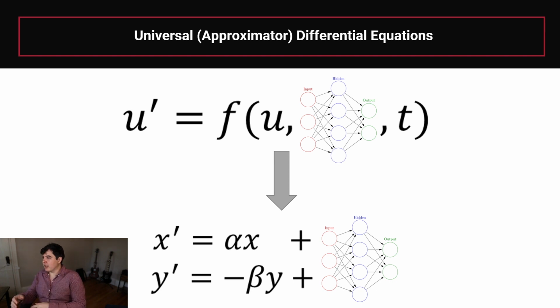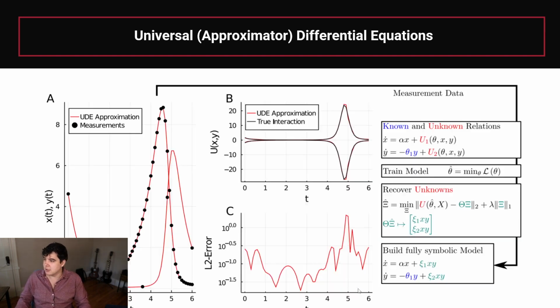The number of hidden layers needs to go to infinity to actually represent any possible function, but you cut it off at a finite number so that you're epsilon close to any possible function, and now you have a representation of all possible models. Right, but it's not just a representation of all possible models. It's all possible models with some kind of inductive bias towards the science that you do know, right? And so that's what the universal differential equation is. And so the way that this is used is you can take your measurements.